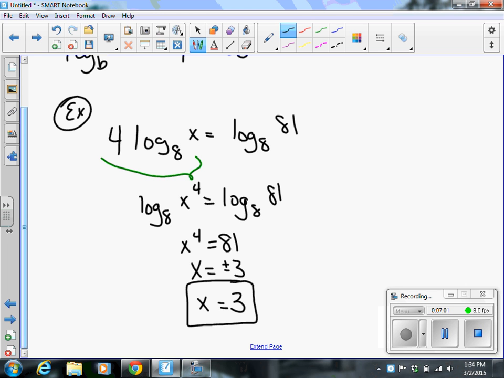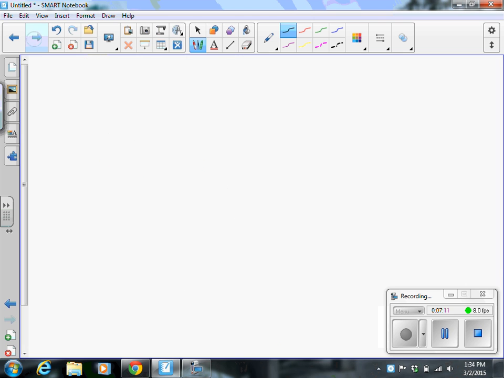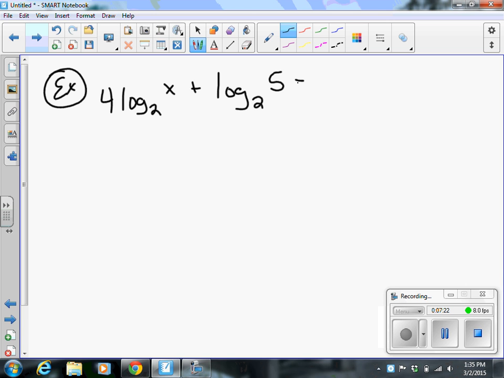Like I said, I'm going to get to one where we have a couple manipulations. So for instance, let's say I have 4 log base 2 of x plus log base 2 of 5 equals log base 2 of 405.